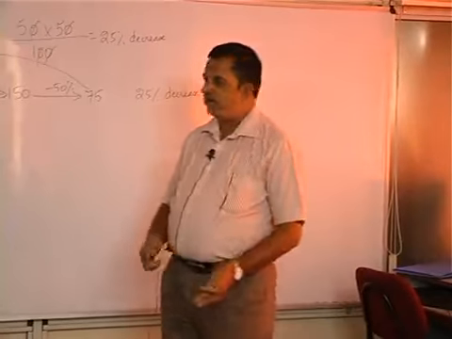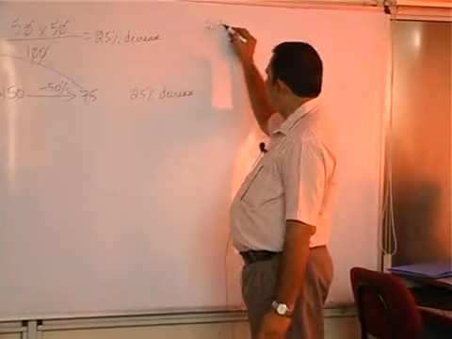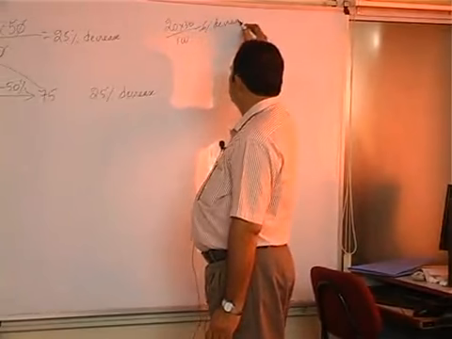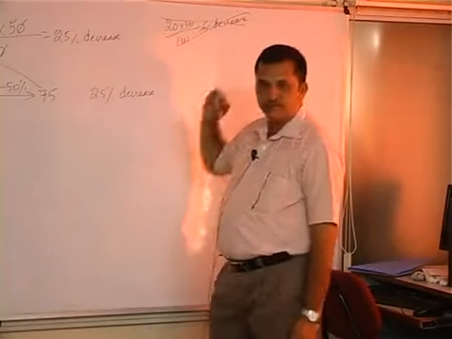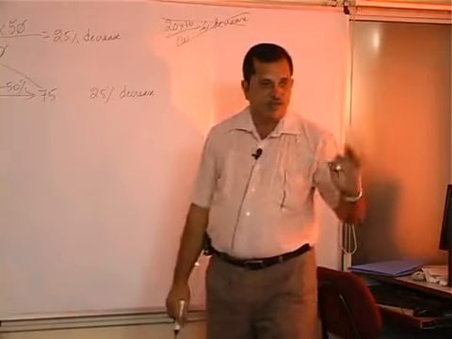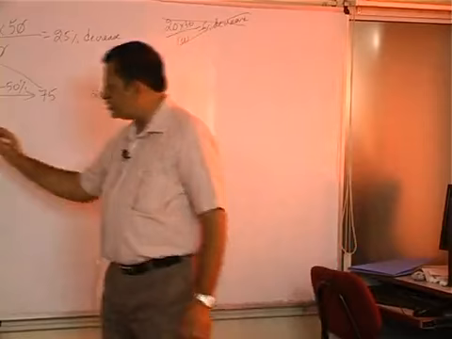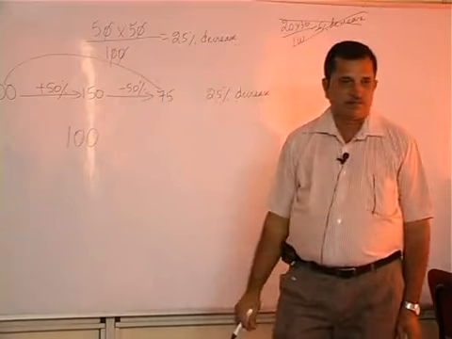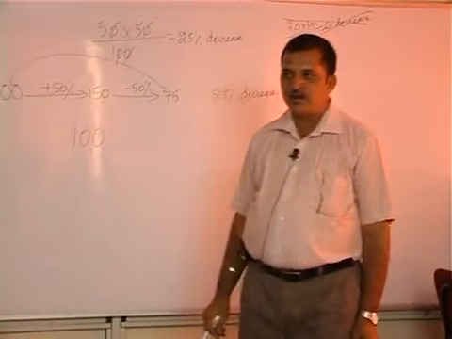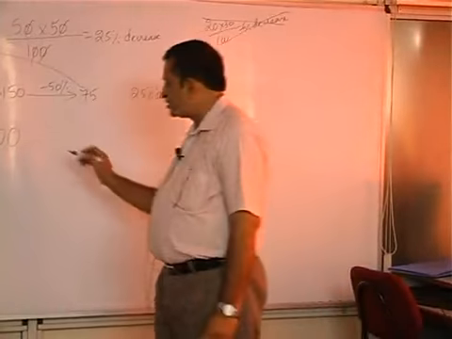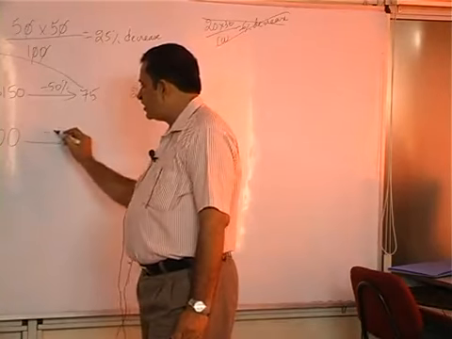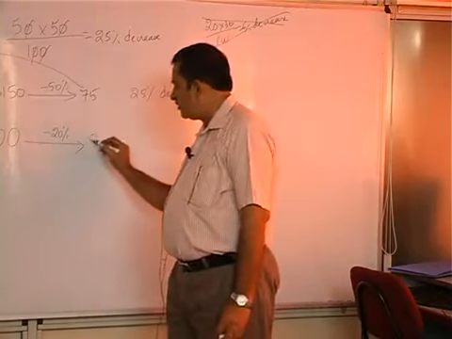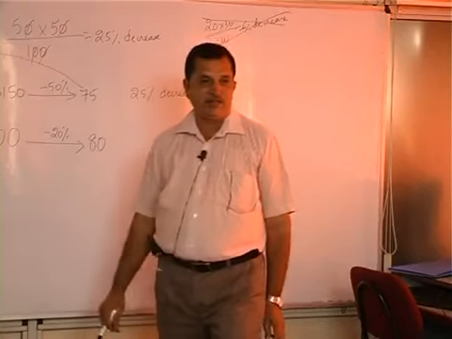For this, if you write 20 into 30 by 100, that is 6% decrease, that is wrong. Different values means go with the calculation. Suppose a shopkeeper is selling for 100 rupees a day. Suppose he offers a discount of 20%, then the 100 rupees sale will come down to 80.